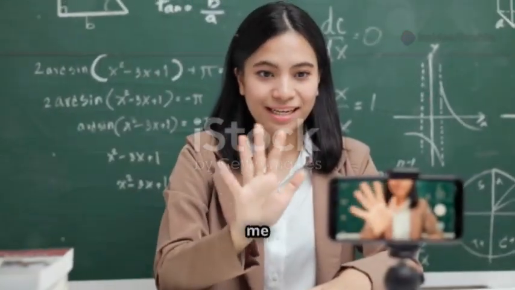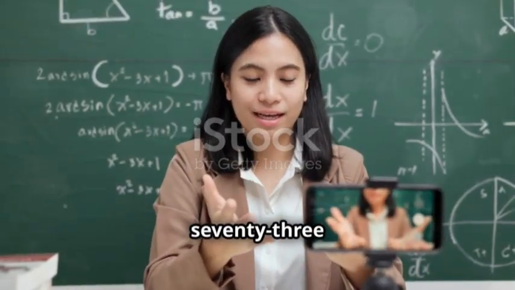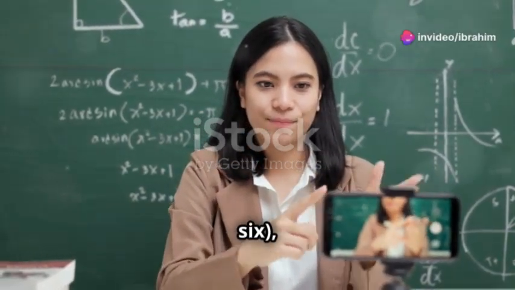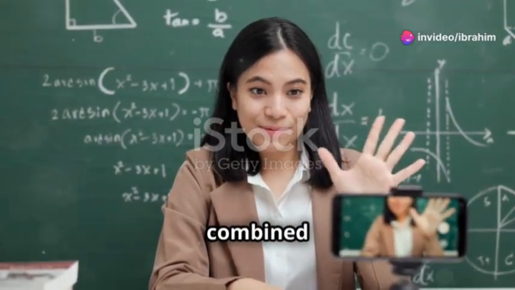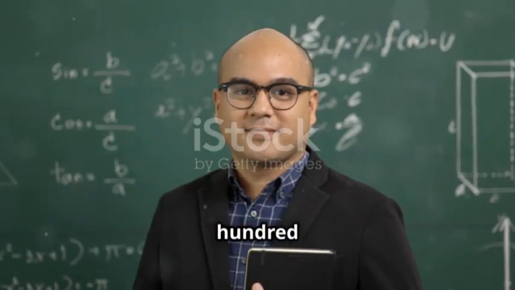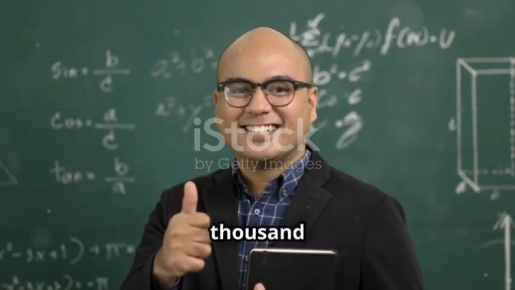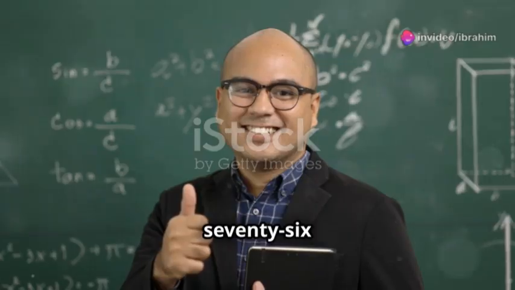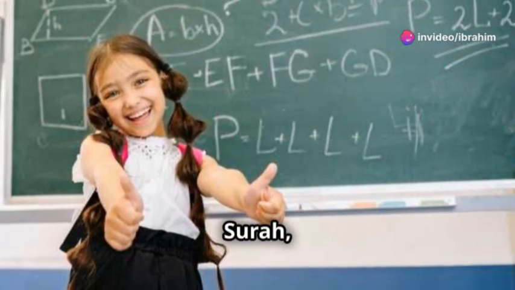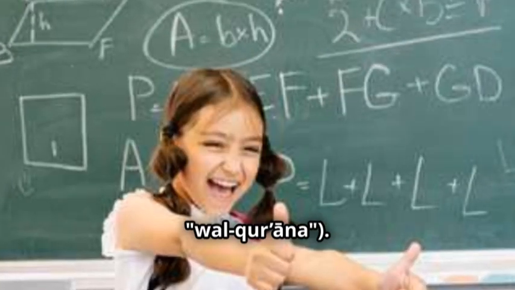I understand you want me to explain the connection between the number 15,873, its digital root, 6, half of 12, and the combined operation, 12 and 6, which results in 126. 126 times 126 equals 15,876, interpreted as the 15th surah, 87th verse, 6th word, wal Quran.